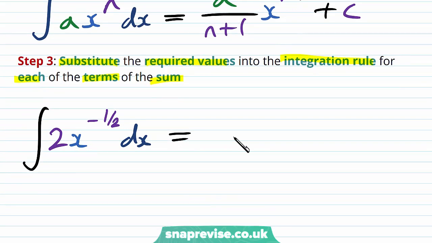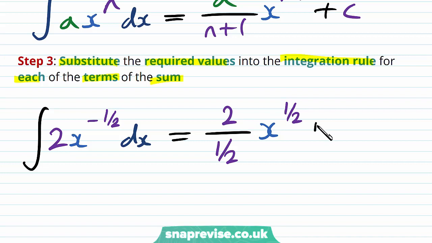We take our minus a half and we add 1 to it, and we get 1/2. And so we divide by the 1/2, and we have an x to the power of 1/2. The constant on the numerator is the constant outside. We have this 2. And of course, we should not forget that we have a constant of integration. For now, I'll just write plus a constant.